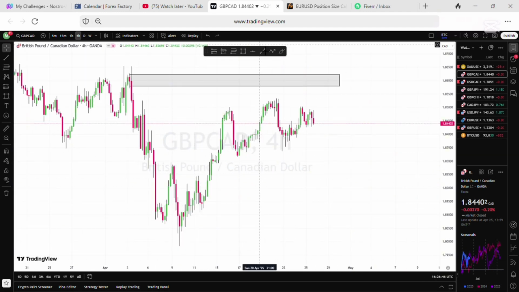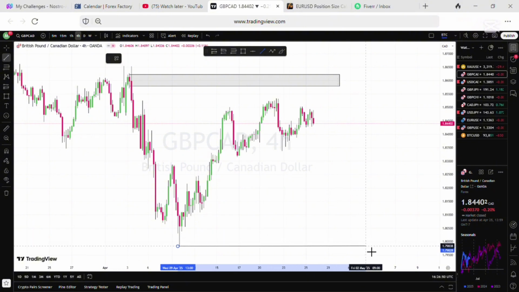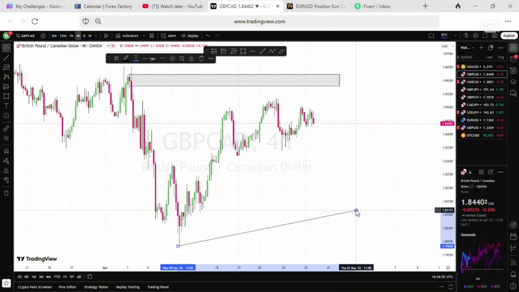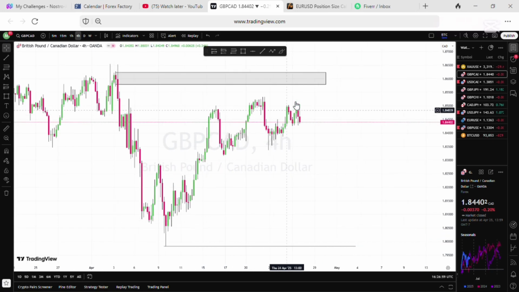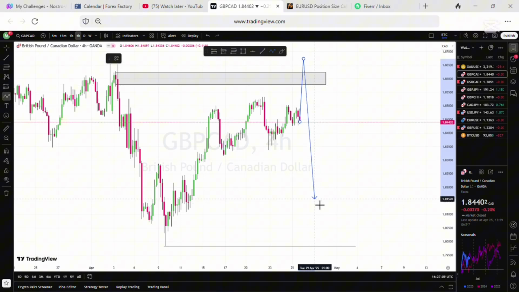This is the previous low, the low down here. And we'll be expecting price to retest this area. When it does that, it might have a sweep. When you have a sweep, we'll enter for the sell and we'll be targeting below this level.